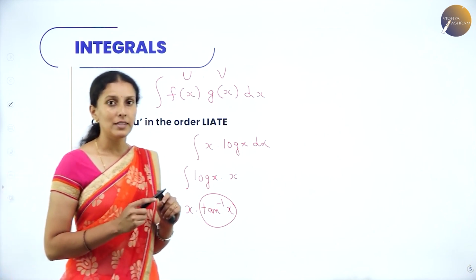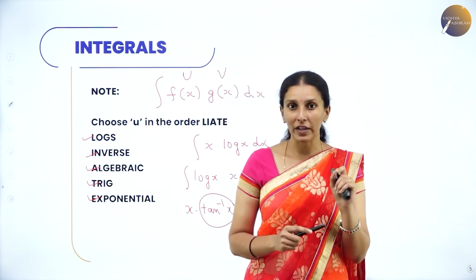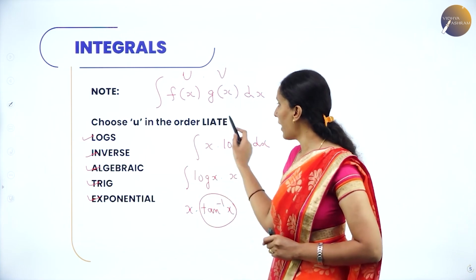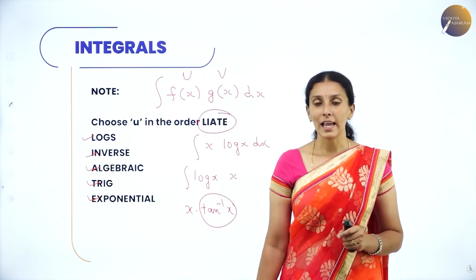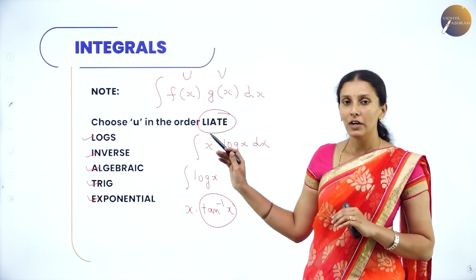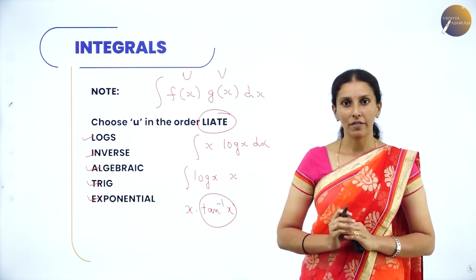For some reason it is not possible to integrate when the power of x is in the form x to the power n, so that is why we apply this rule LIATE. Give preference to log function, then inverse, then algebraic, then trigonometric, and finally exponential functions.